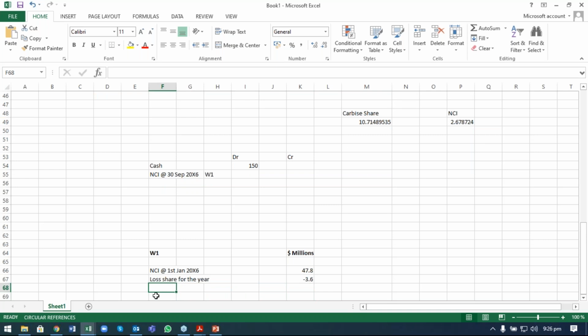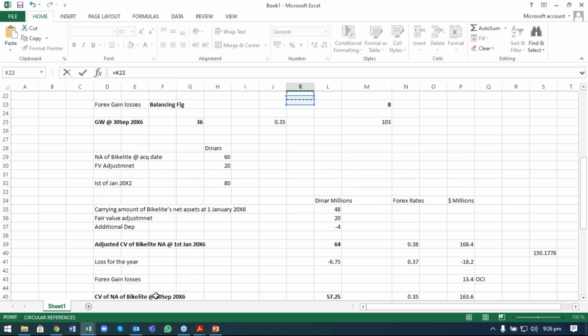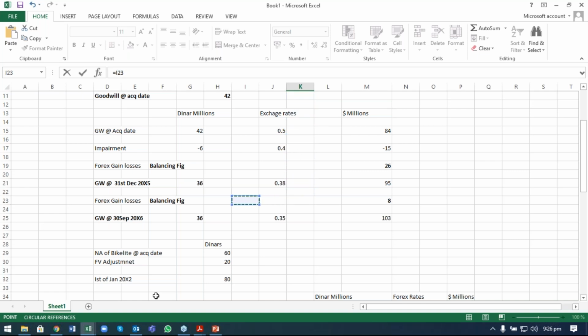Along with this loss share, you have forex gains during the nine months period to 30th September 20X6, forex gains on goodwill for the year. What was this foreign exchange gain or loss on goodwill? We have already calculated it in working one. This is the forex gain during the nine months period, 8 million multiplied by 20%, because it's a full goodwill method.